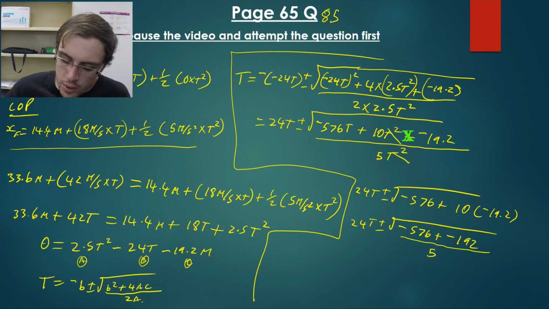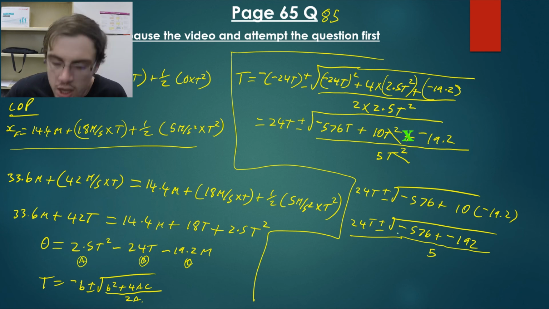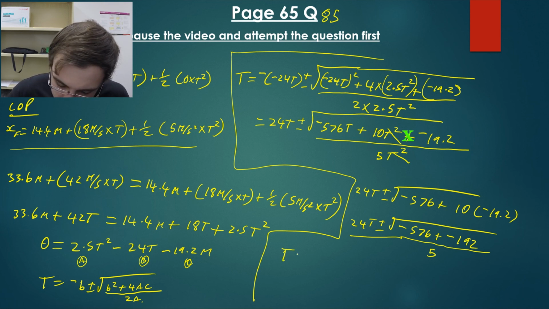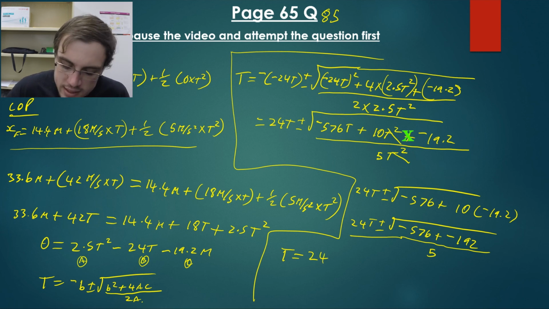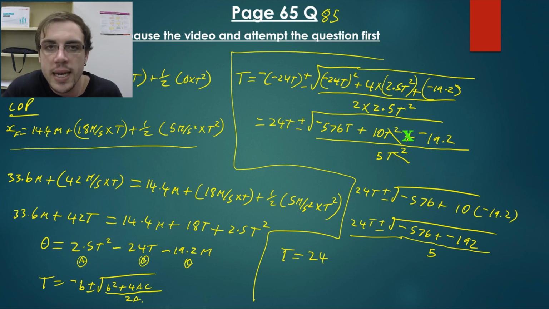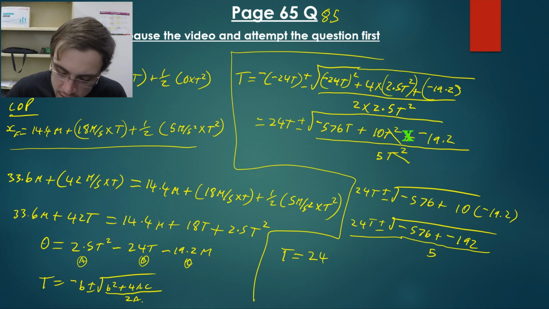So if we go 576 plus negative 192, and we take the square root of that, if you punch that in your calculator, you're going to get 22.7. So we have our 24 out here. Now it says here plus minus, okay? We're trying to find time, so time cannot be a negative value, so we're going to take the plus.